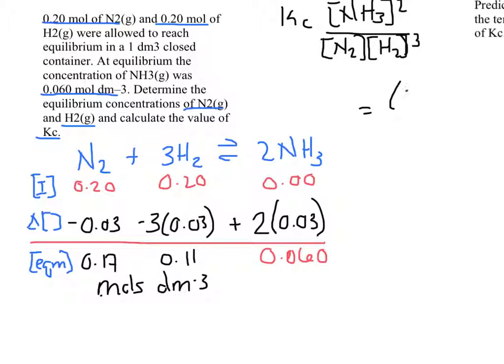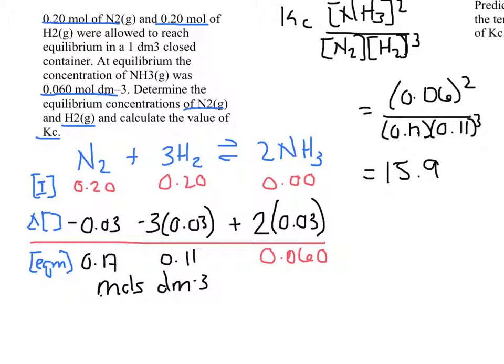We have 0.06 squared over 0.17 times 0.11 cubed. Go through, plug this into your calculator. Be very careful with that cubed function that you're doing it properly and isolating it, but you get 15.9. This tells us that products are being favored.